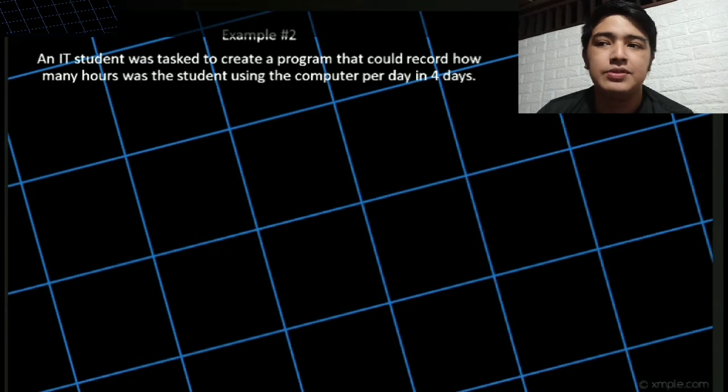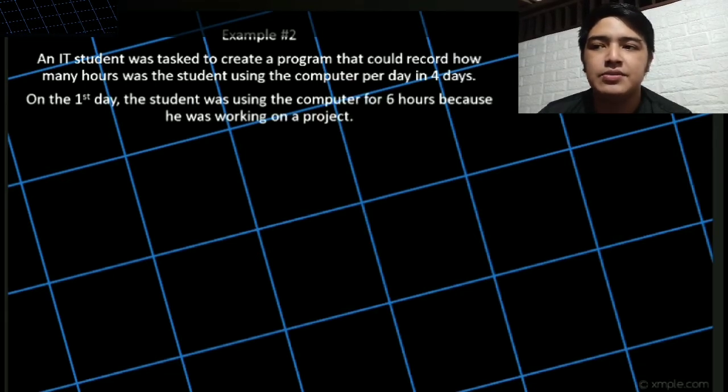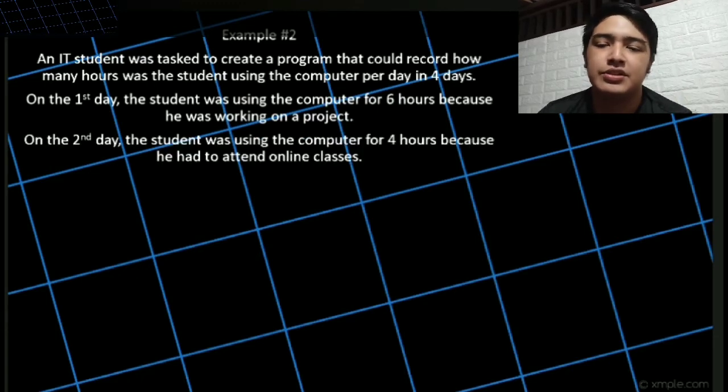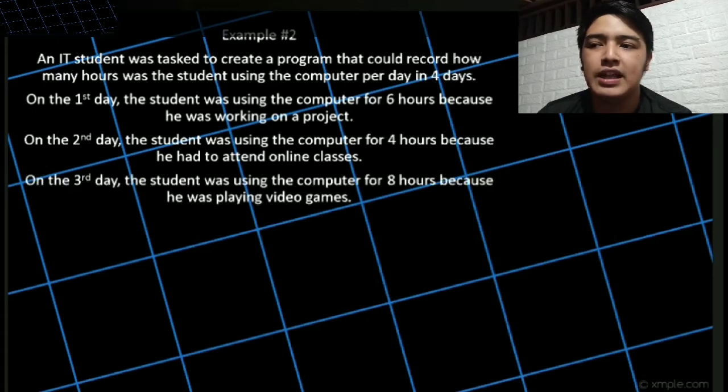Example number 2. An IT student was tasked to create a program that could record how many hours the student was using the computer per day in 4 days. On the first day, the student used the computer for 6 hours because he was working on a project. On the second day, for 4 hours because he had to attend online classes. On the third day, for 8 hours because he was playing video games.